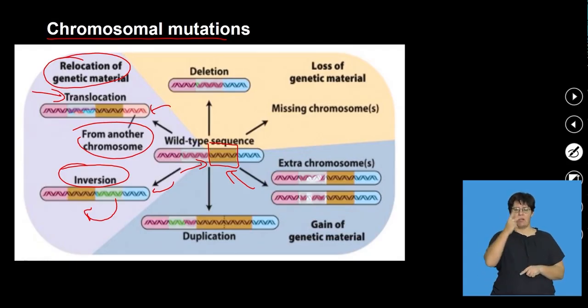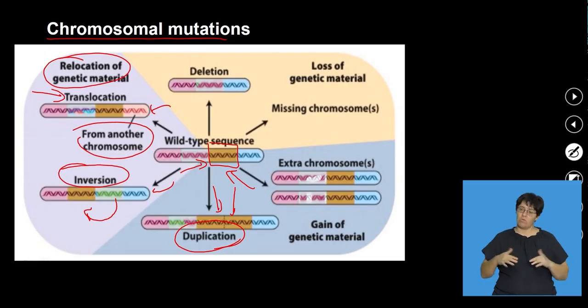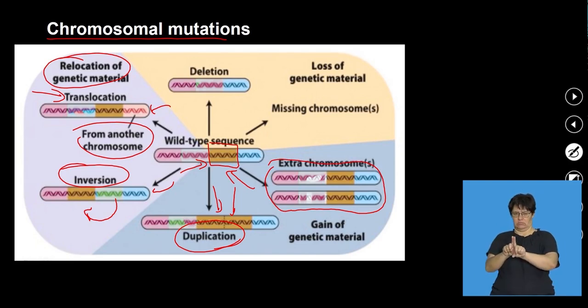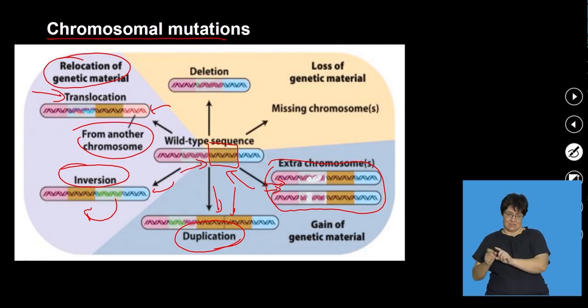We sometimes see that there's a duplication of a segment of a chromosome, as you would see here. There are 2 sets of the original chromosome, so that's duplicated. Or as I mentioned, in the case of a duplication of the entire chromosome, where we see two sets of one chromosome, which is different to the normal one set per gamete.